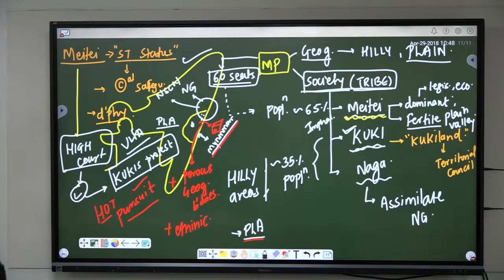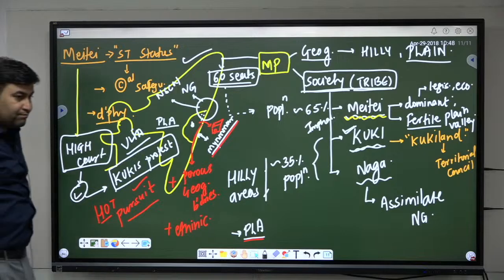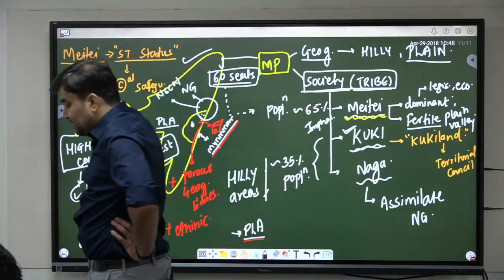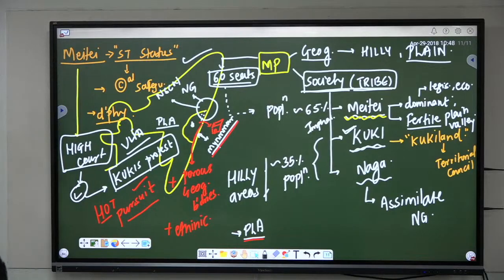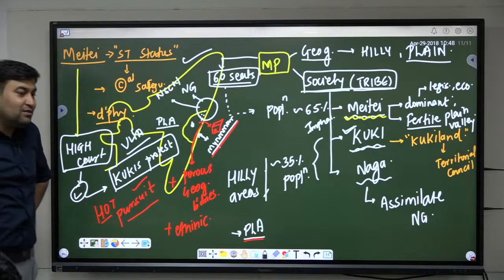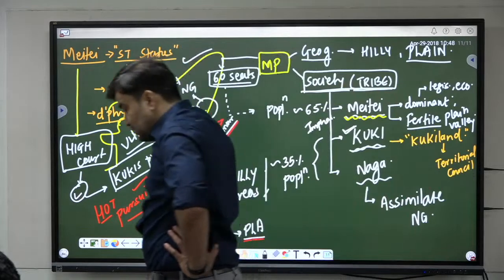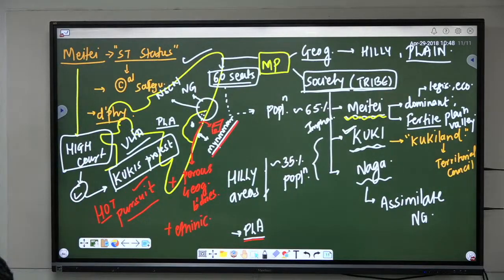Second, Meitei dominate the political representation and population of the state. Third, Kukis fear the loss of jobs and employment opportunities. Correct? This is what the issue is.